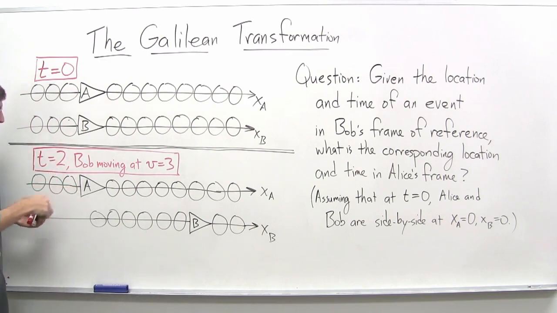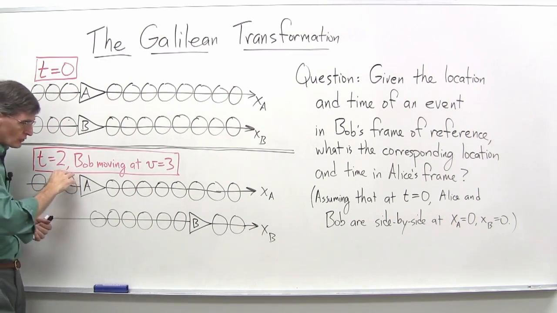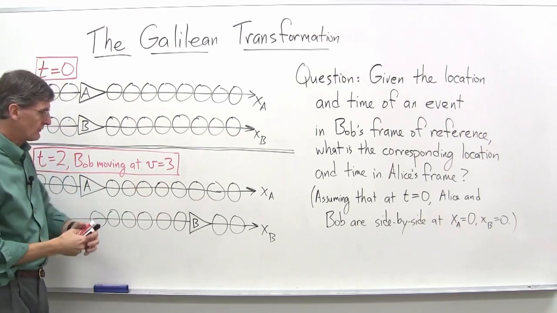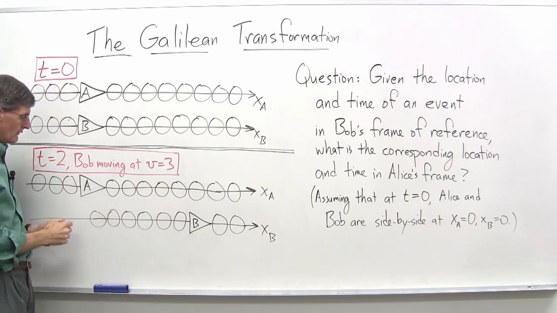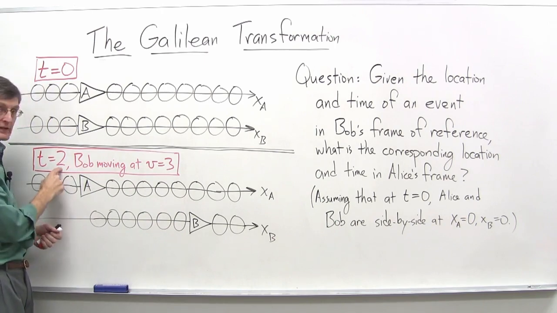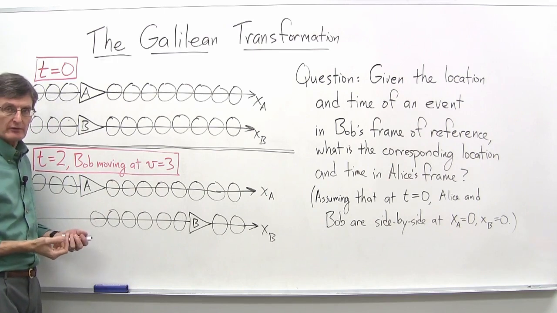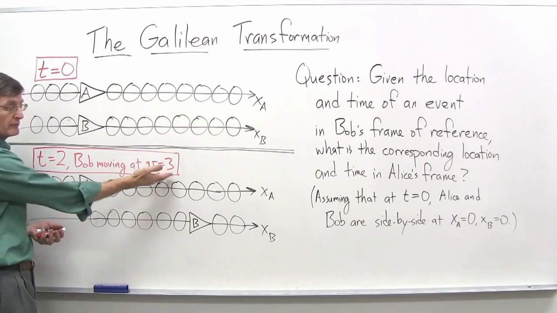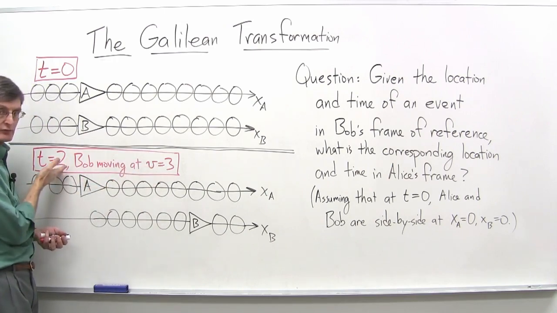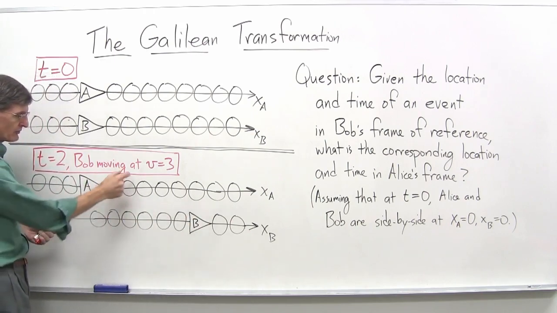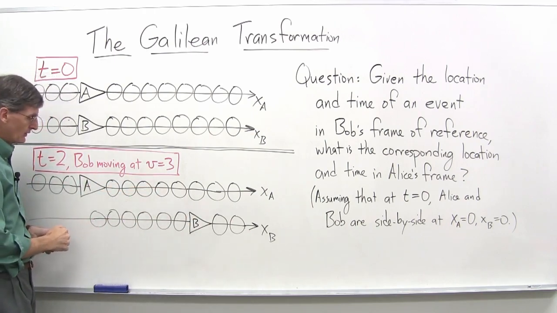Then let's assume that 2 seconds later, Bob is moving at velocity v equals 3, whether it's meters per second or whatever, it doesn't really matter here. We'll just call it velocity v equals 3. So 2 seconds times the velocity means that he's moved 6 meters, right? Maybe 3 meters per second times 2 seconds. He's moved 6 meters, and that's what we've represented here, where each position of the clock represents one meter.